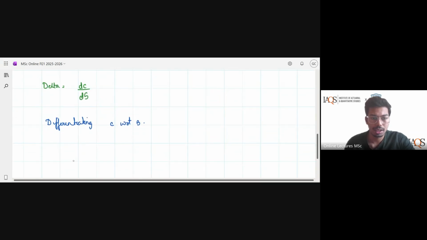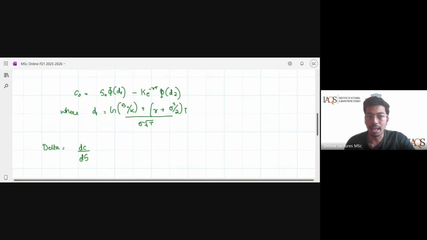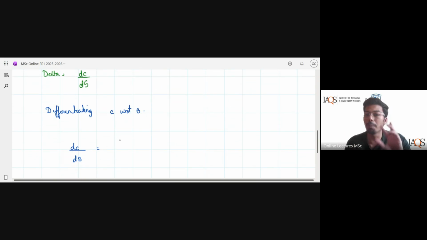Therefore, can I say dC by dS is equal to, I'll have to do a UV rule over here. Why UV rule? Because this is Φ(d1). It's not like Φ(d1) is independent of S. There is an S sitting inside d1 as well. Therefore, I can't simply write this as Φ(d1), because it will need a UV rule. Φ(d1) is not constant. When I say UV rule, I'm not sure if the terminology is familiar.